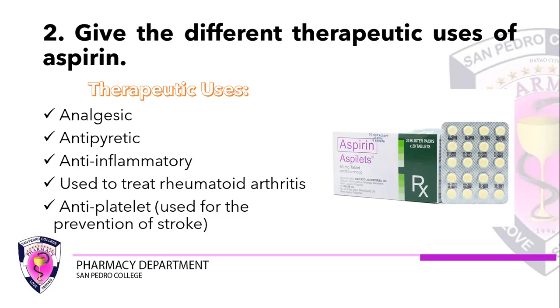Actually, ang aspirin, it is also one of the recognized emergency medications during a recognized heart attack because of its antiplatelet activity. Okay, so ang nakita ko so far na available na aspirin in the market kay 80 milligrams.